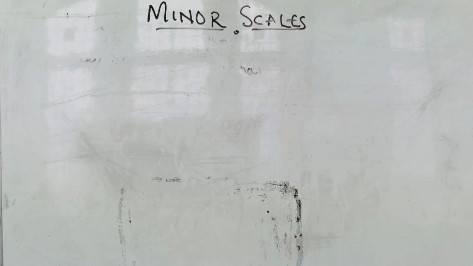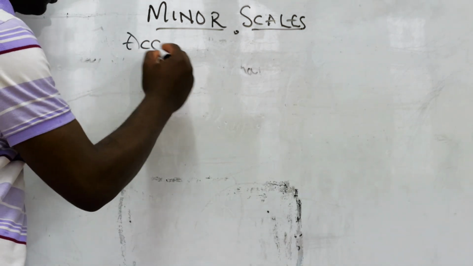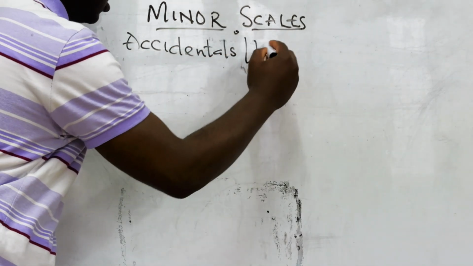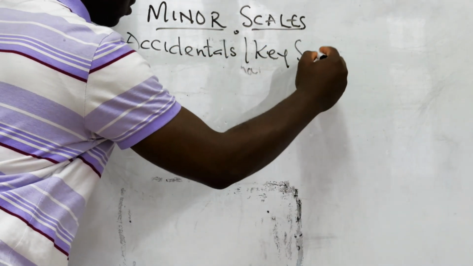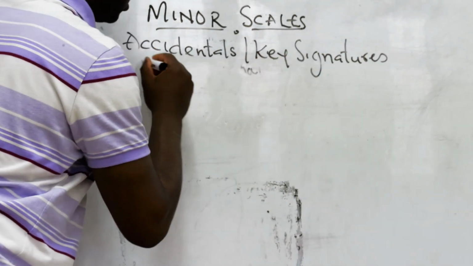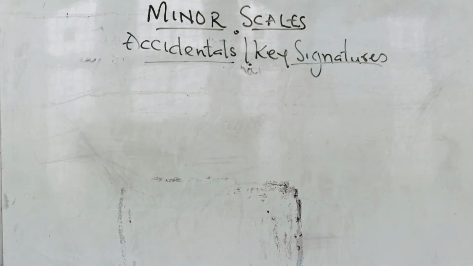So that's the thing. But what we're going to look at today is how to construct, just like we did in your major scales, minor scales using accidentals as well as key signatures. Accidentals just means put the accidentals where they are as you construct the scale.